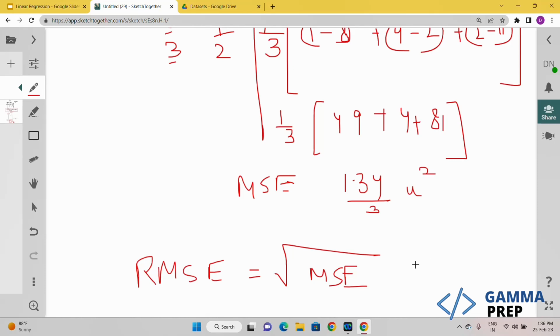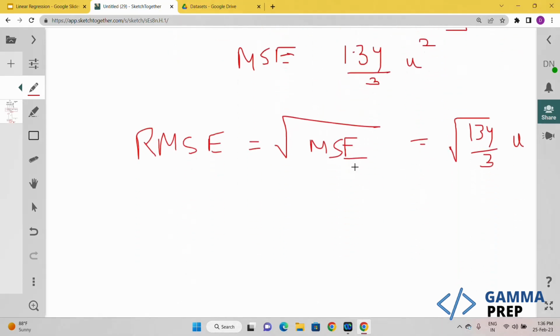To have it in the same unit, we have RMSE, so that the y actual, y predicted, and the error all have the same unit. Again, should RMSE be high or low? It should be low because we want the error to be low. So those are the two evaluation metrics that we have for linear regression. The lesser the MSE, the lesser the RMSE, the better is our model.